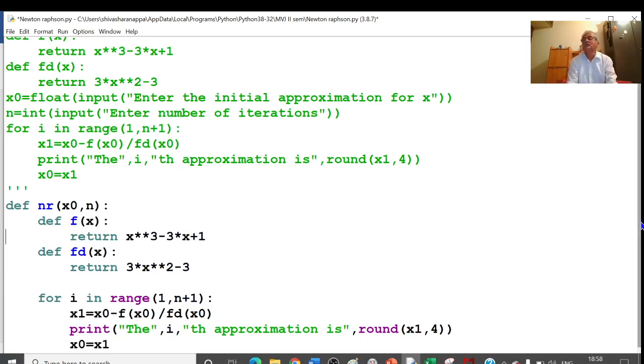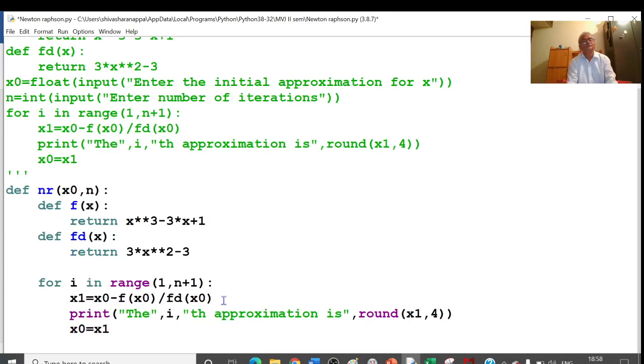The remaining procedure is the same. For i in range 1 to n plus 1, x1 is given by x naught minus f of x naught divided by fd of x naught. Printing the value here, and assigning x naught to the fresh x1 value. Running this program, my function name is nr.